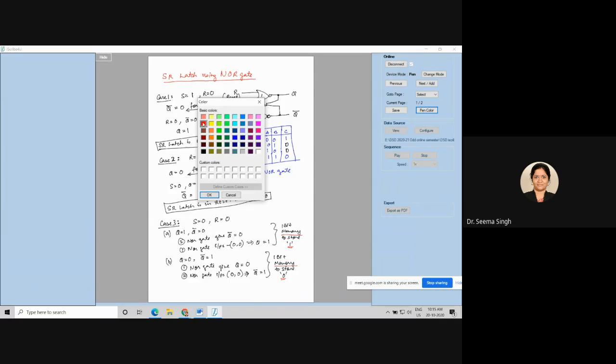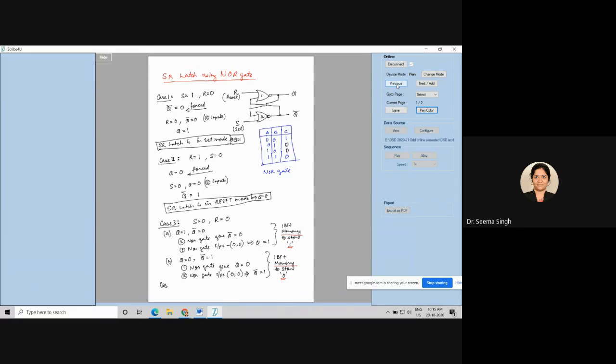Case 4 is simplest to understand, because in the beginning only I have told you something. Case 4 says S is equal to 1 and R is also equal to 1. Now what is happening? You have seen till now, if any one of the inputs is 1, it forces the output to be 0.